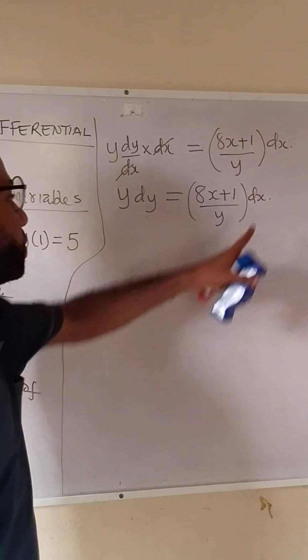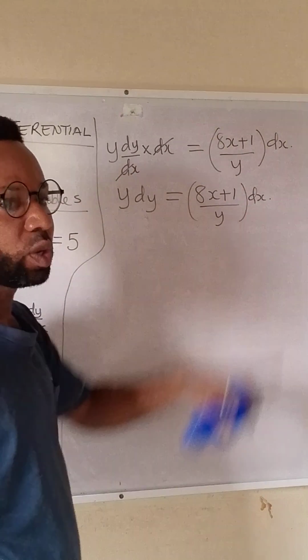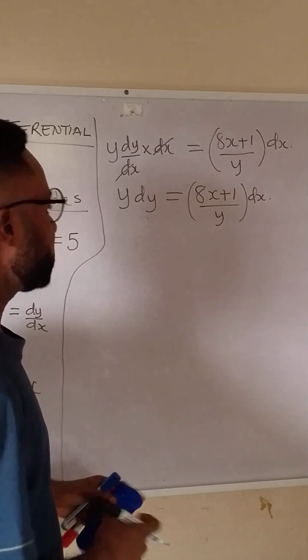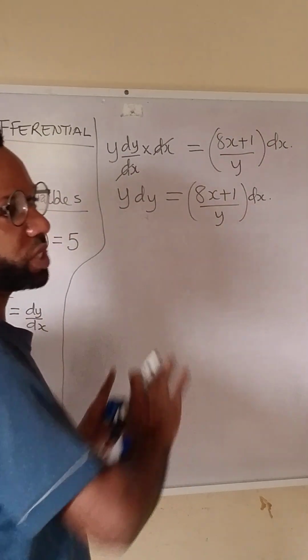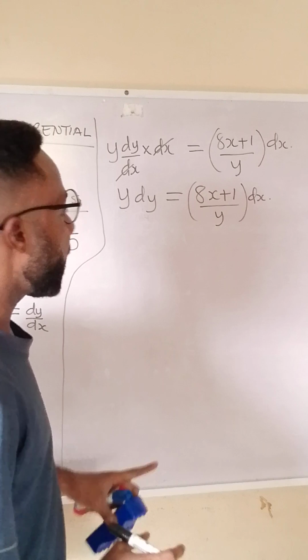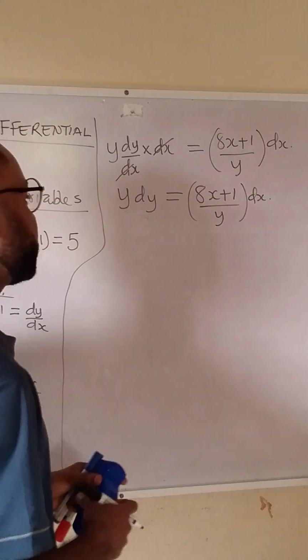So we've been able to move the dx to where 8x + 1 is. We are trying to separate the variables so that anything that has to do with x will stand on one side, and anything that has to do with y will stand on the other side.